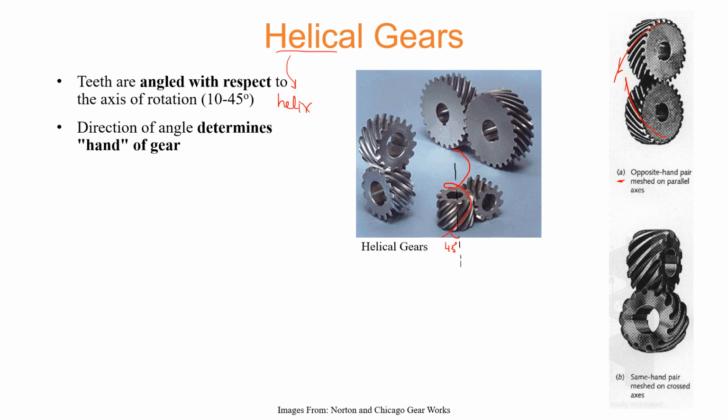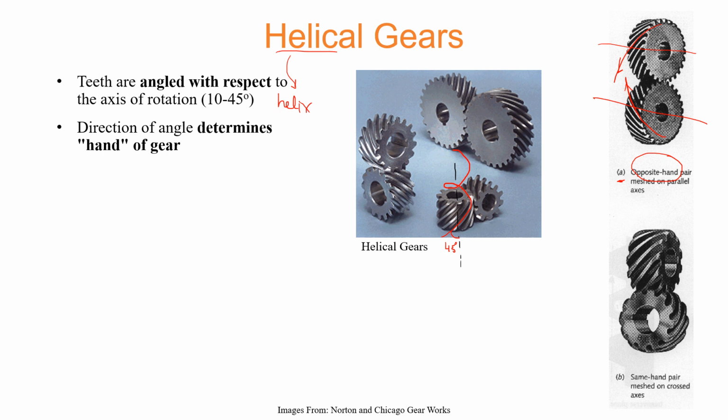If these two are opposing each other, that is called an opposite hand pair. Generally, this opposite hand pair is used when you have parallel shafts. So if these two shafts have a parallel orientation, you're going to use the opposite hand pair for that kind of arrangement.